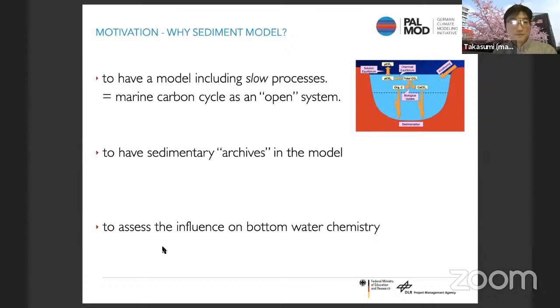Third, it is expected that chemical reactions in the sediment can influence the bottom water chemistry in the ocean, and we wanted to assess the magnitude of that influence by changing the lower boundary conditions for the ocean model.